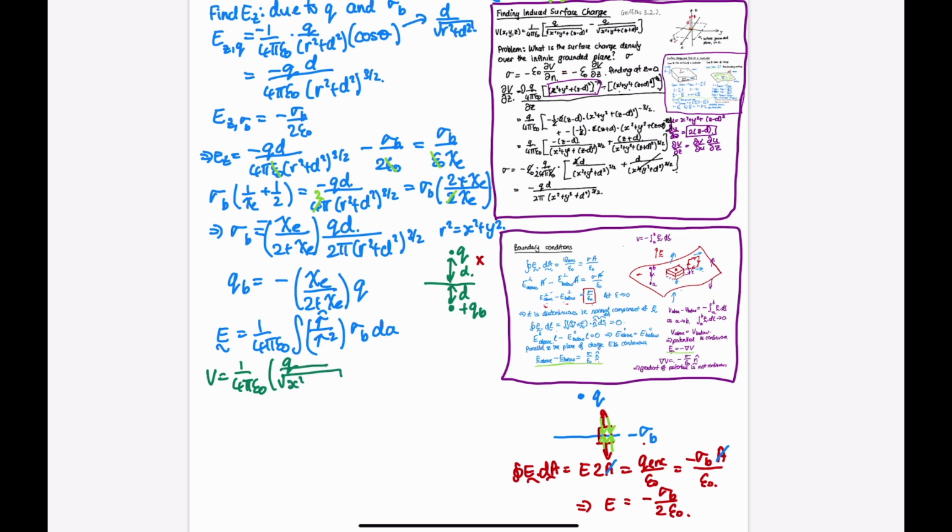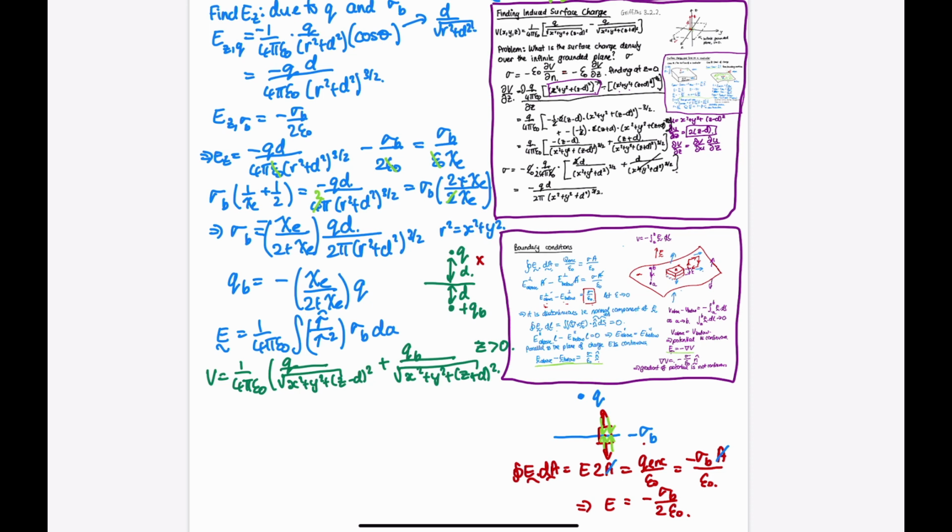So that's the square root of x squared plus y squared plus (z minus d) squared. And then we've got the second charge, which is this one down here. So that is equal to QB divided by the square root of x squared plus y squared plus (z plus d) squared down here. So this is in the region for z is greater than 0.